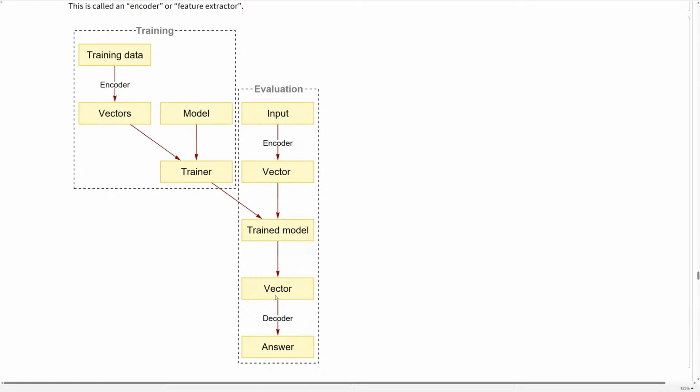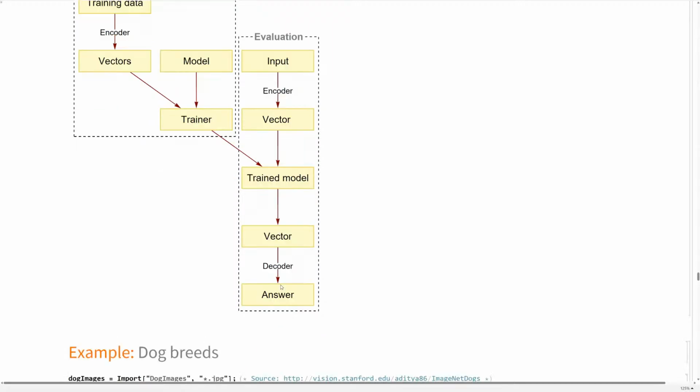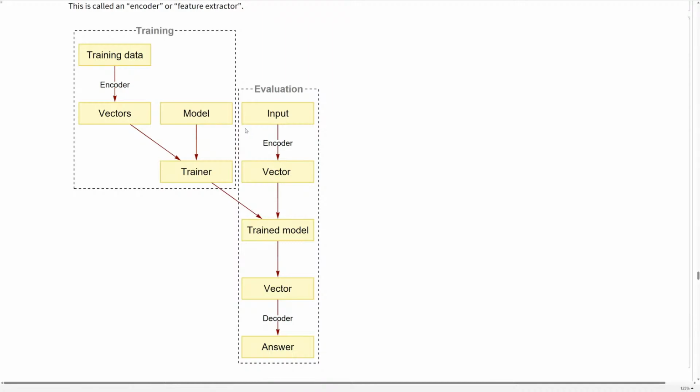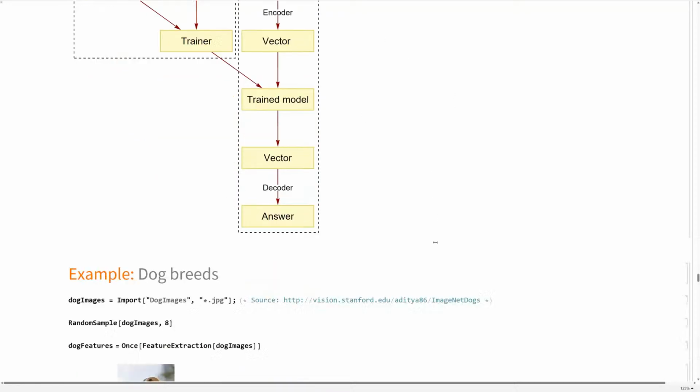And it will give us back some vectors which we couldn't understand. It needs a decoder to translate back to human language so that we can understand. So we have the answer. That's the basic idea of how the training and the model and data interact.